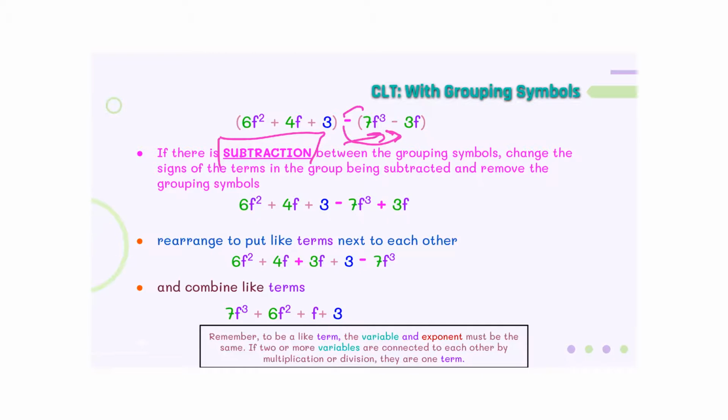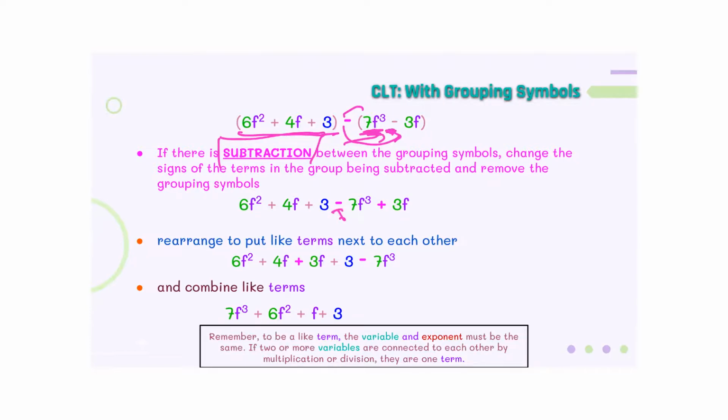I distributed the negative. So I was left with 6f squared plus 4f plus 3 because this part, we don't change. Then this was a positive f cubed. It's now a negative f cubed.